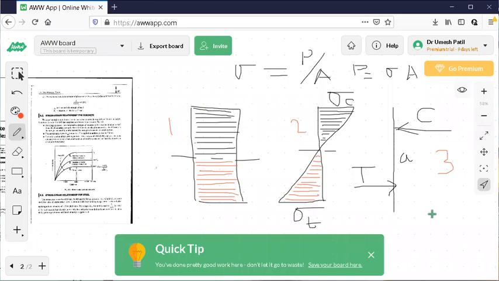And this couple is counterbalancing the external bending moment. So the discussion related to moment of resistance is over.